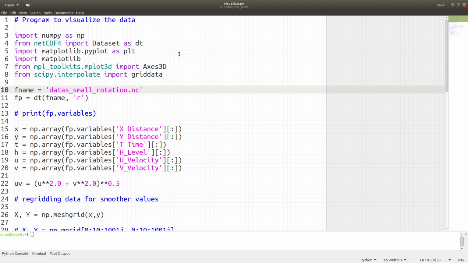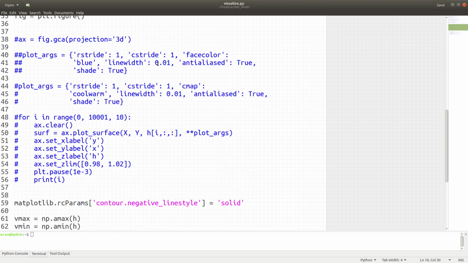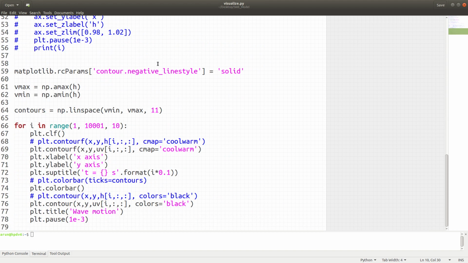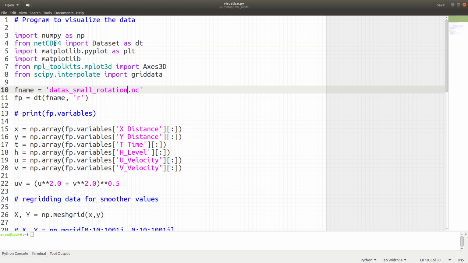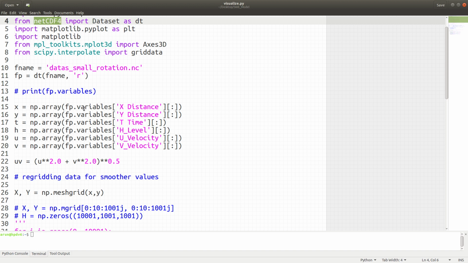I'm opening up my NetCDF file using Python, and I'm going to plot it. I'm going to give a simulation of how this looks. First I'm going to show the height variable in a 2-dimensional field. I have the netCDF module available in Python installed on my laptop, so I can call this, and using this I can open up all the variables.